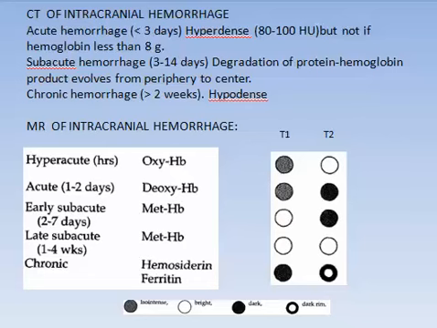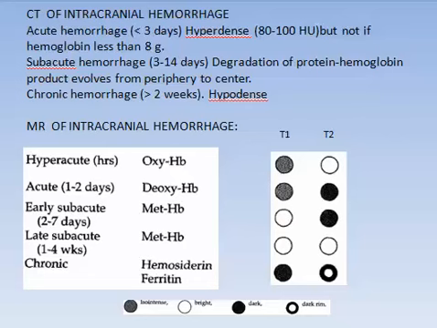Number 2, we always get more than one phase. A hyperacute hemorrhage, but at the center it is going to be acute. An acute, but in the center it is going to be early subacute.